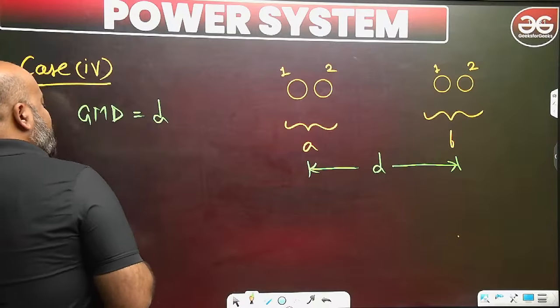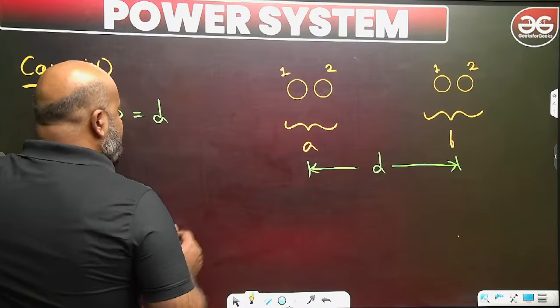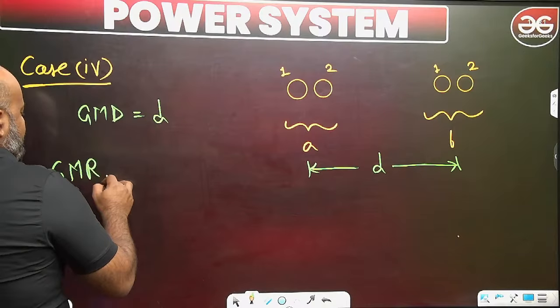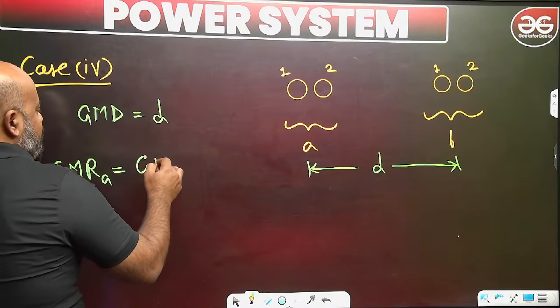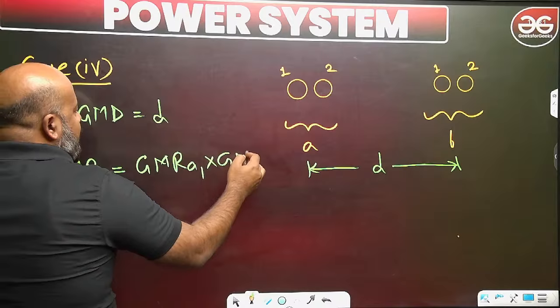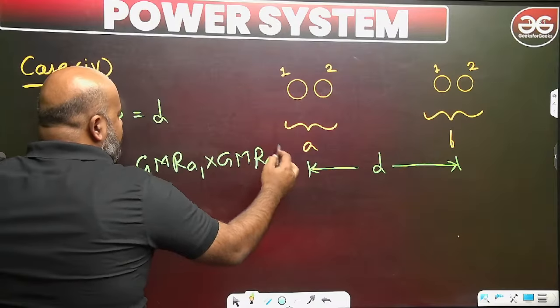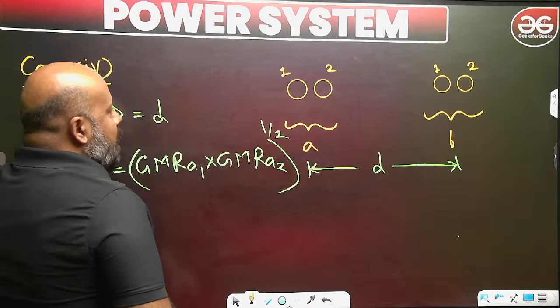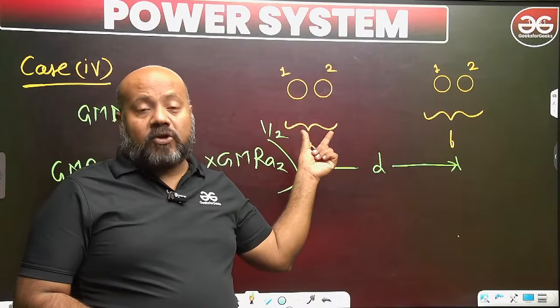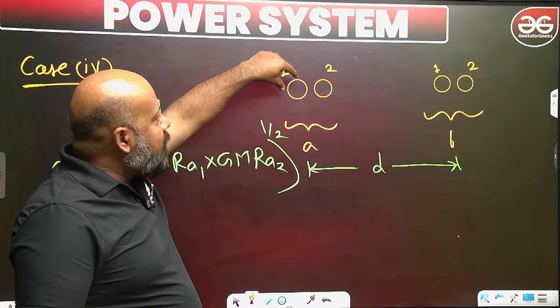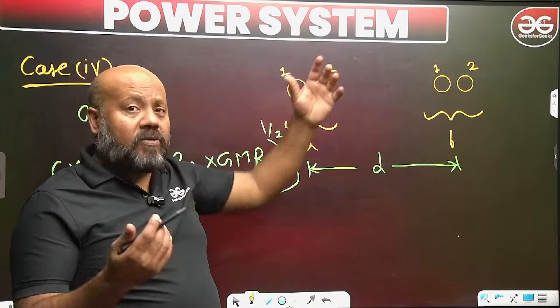But if you have to calculate GMR, how are you calculating the GMR? Just see this. Suppose I am calculating GMR for A. So GMR for A is going to be GMR for A1 multiplied by GMR for A2. What is the effective root? 1 by 2. Now, because of the very nature of symmetry of these two subconductors, whether you calculate GMR for A1 or GMR for A2, it is going to be the same thing.